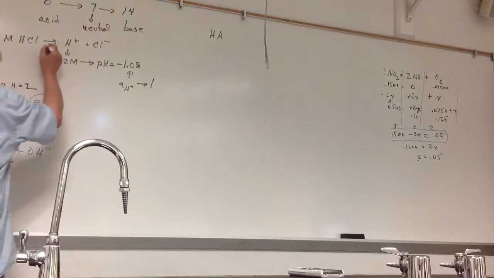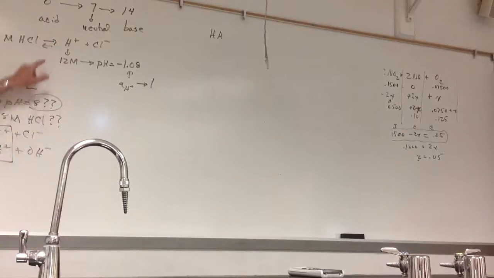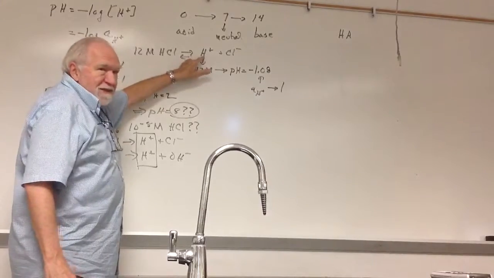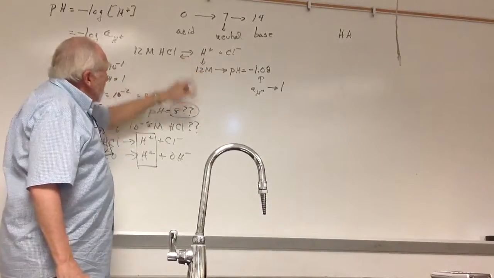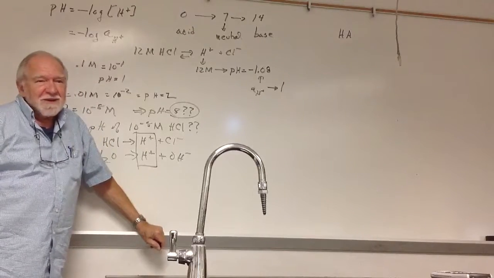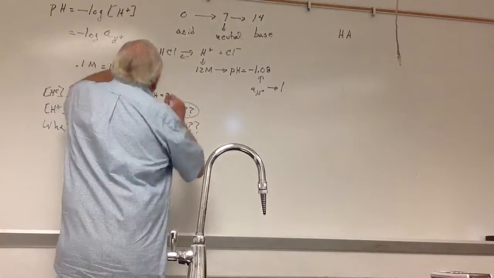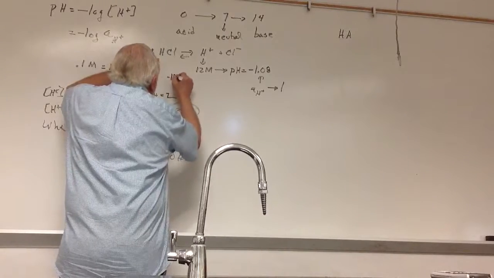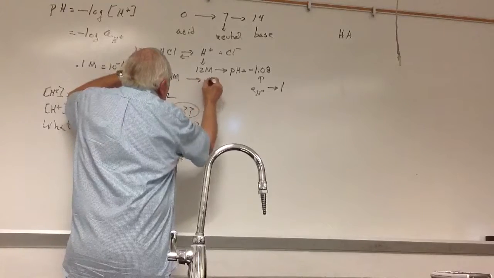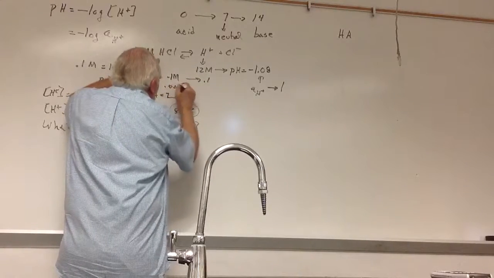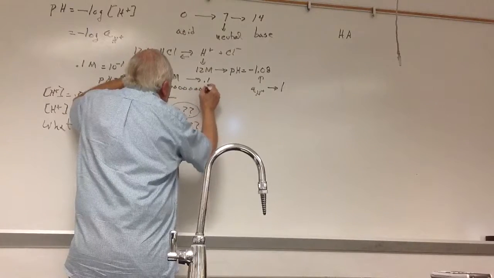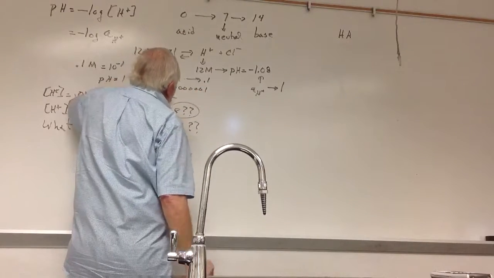Speaking of that, by the way, this does have an equilibrium. There's always going to be some of this and some of this. But the equilibrium constant here is about 10 to the 8th or 10 to the 9th. So if I started with 0.1 molar, and the equilibrium constant was 10 to the 9th, this would be 0.1, and this would be 0.00001 at least, or 9.